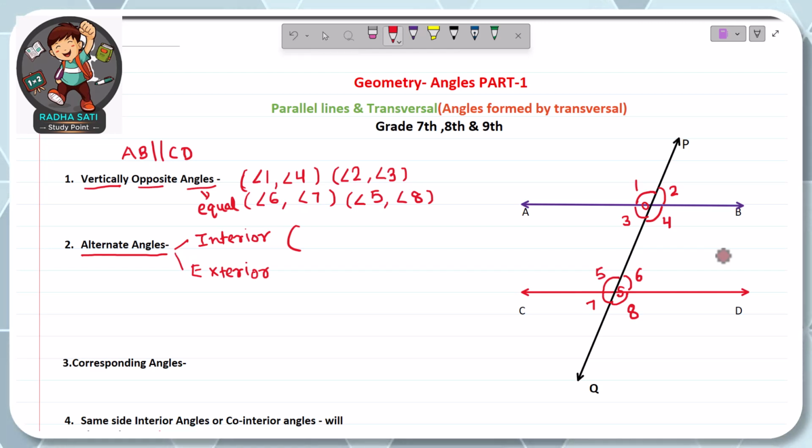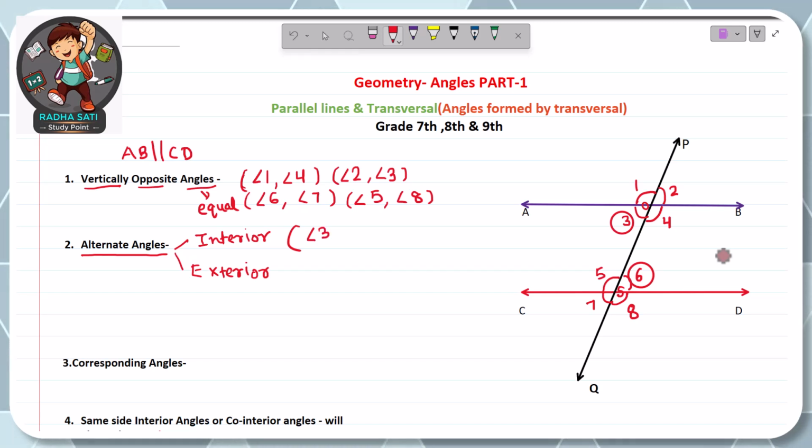One is at the left side, another is at the right side. Here this angle 4 is at the right side and this angle 5 is at the left side. So they both are on alternate sides, and you can see that these are formed in the interior of these parallel lines. So angle 3 and angle 6 will be the first pair of alternate interior angles.